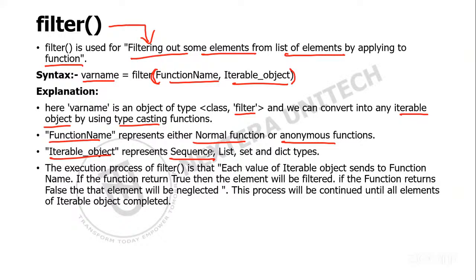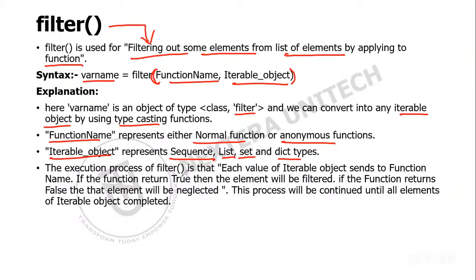Sequence category data types, list category objects, set category objects, and even dict types. All of these are iterable objects in Python. So any one of these will be accepted, guys.